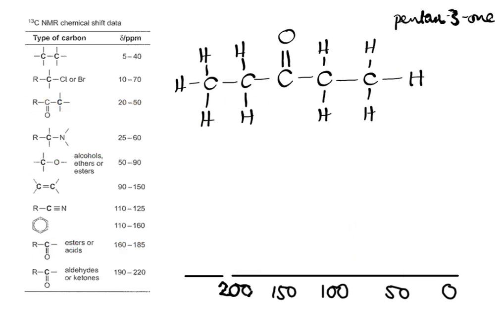Let's take another example. Here we've got a ketone, pentan-3-one. See if you can see how many peaks you think this will give us. Well done if you thought three.